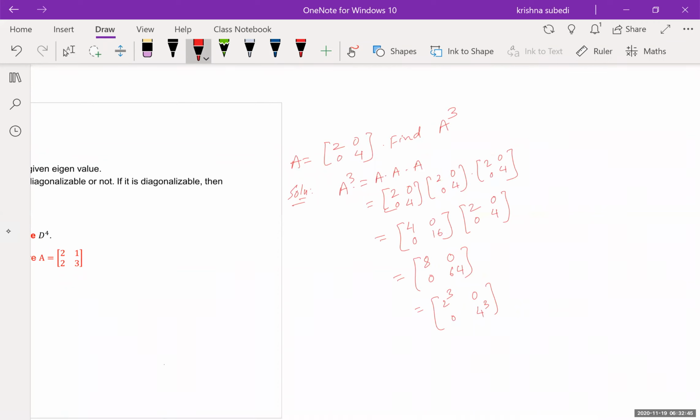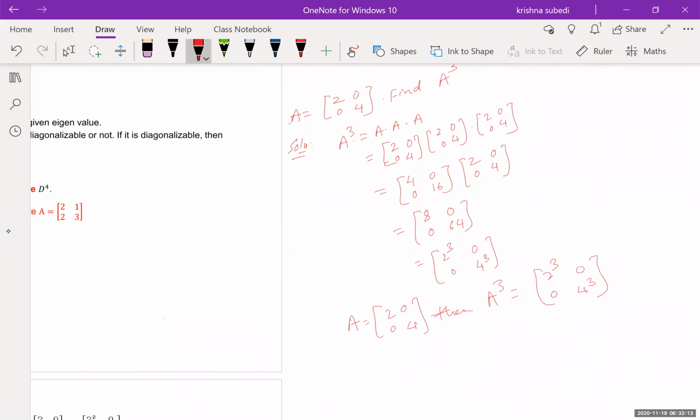Now, notice that if A is [2, 0; 0, 4], it's a diagonal matrix. If A is diagonal, then A cube will be simply 2 cube, 4 cube, right? It's that simple. You don't have to do all of these now. If I ask you A raised to power 300, how much is that?